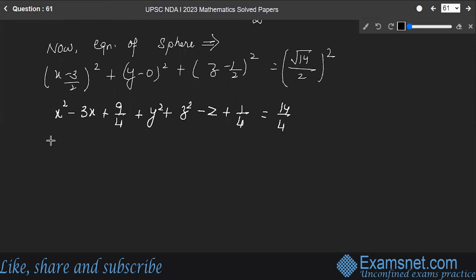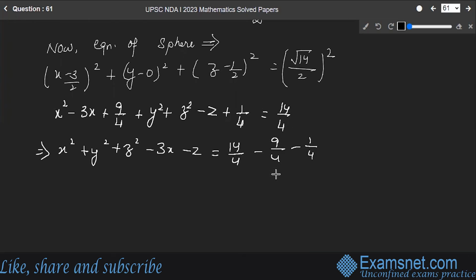So this will give you x square plus y square plus z square minus 3x minus z is equal to 14 by 4 minus 9 by 4 minus 1 by 4, which will give you 4 by 4, that is equal to 1.